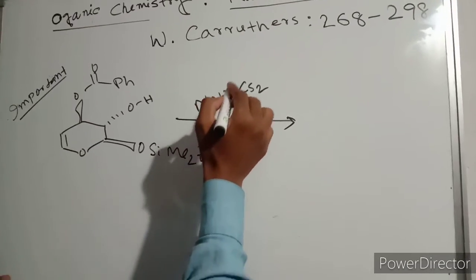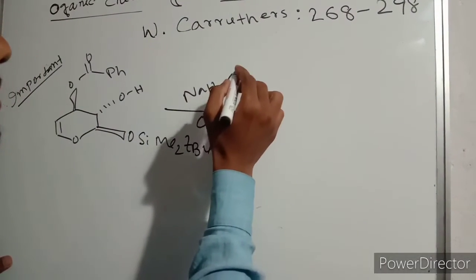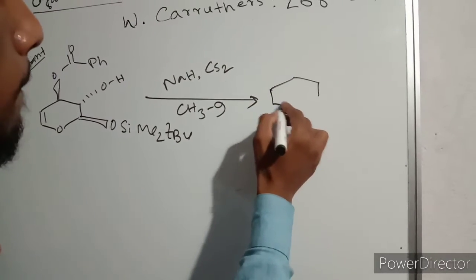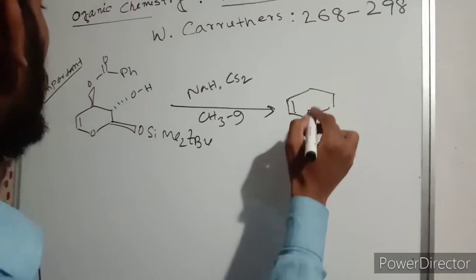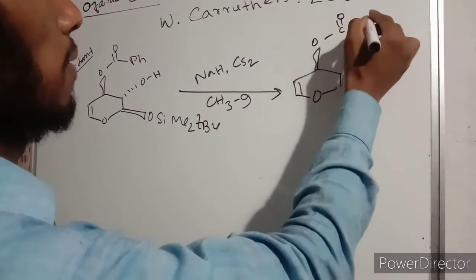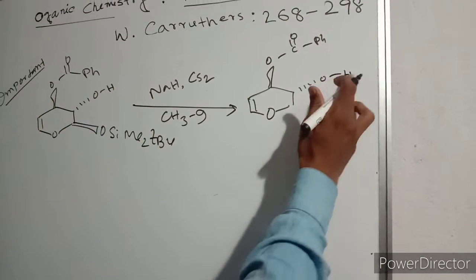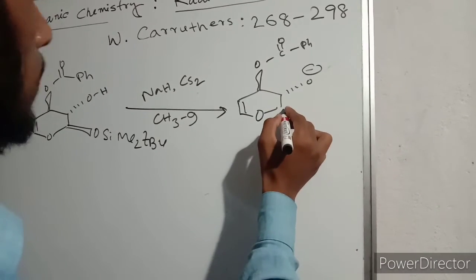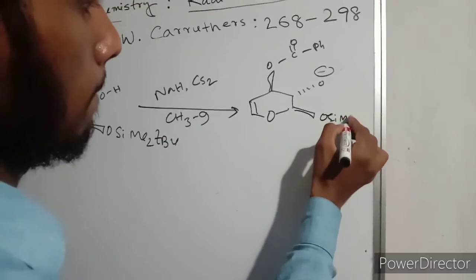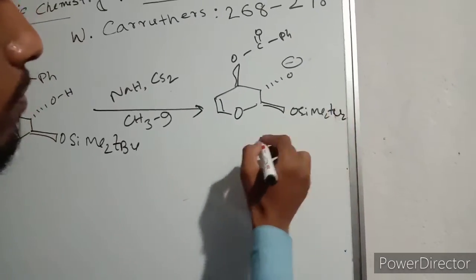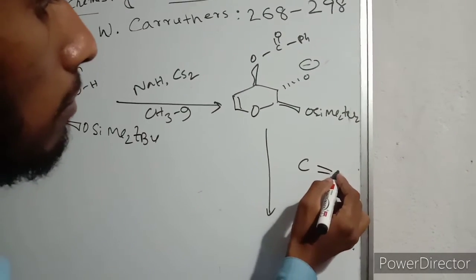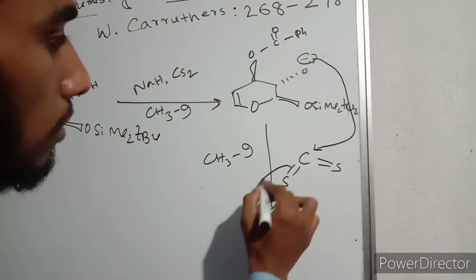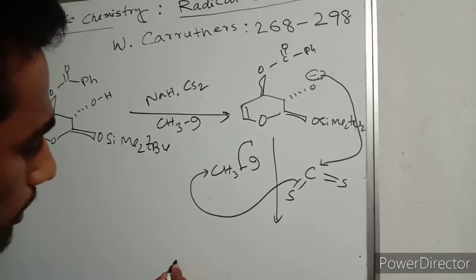First of all, sodium hydride will abstract the proton, and what will we get? This negative charge will attack here, this carbon leaves, attacks here, and the iodine will leave. What will we get? We get this.